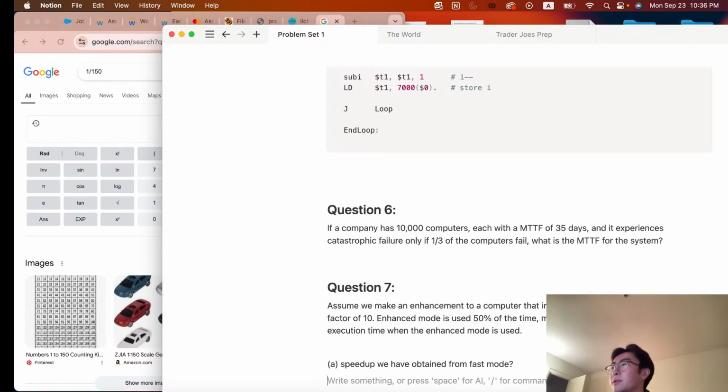Enhanced mode is used 50% of the time, measured as a percentage of the execution time when the enhanced mode is used. So how long is the enhanced mode used, right? So 50% divided by 50%. So how much time is the enhanced mode used?